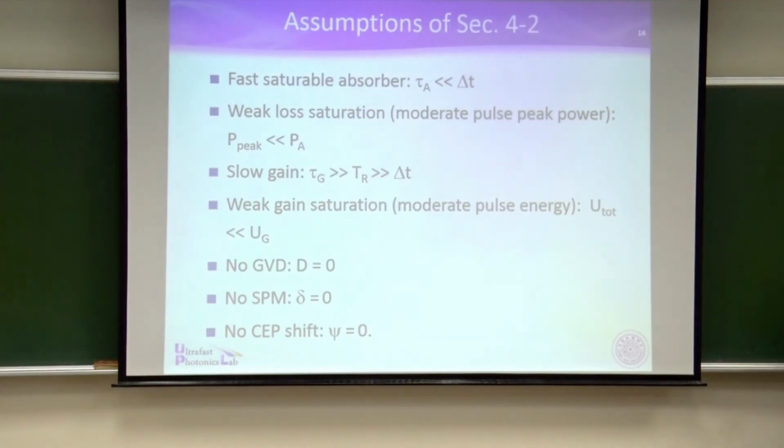The last three assumptions are about phase modulation, right? We assume no GVD, so D coefficient is 0. We assume no cell phase modulation, so delta coefficient is 0. We assume there is no CEP shift, so constant phase psi is also 0.